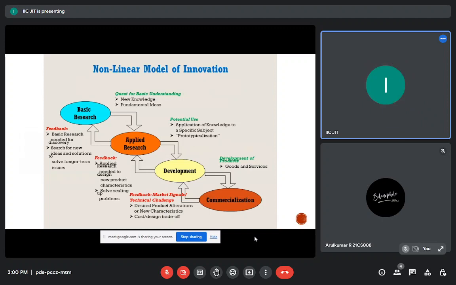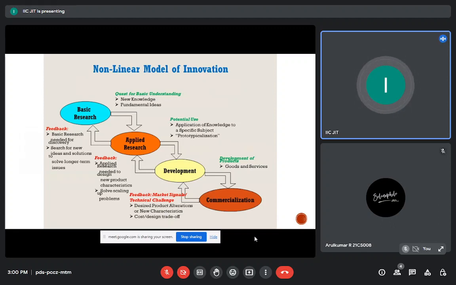It is a process full of ups and downs. It is a process with crest and trough. It is a process with a lot of feedback. Feedback is there everywhere. First stage to second stage, feedback. Second stage to third stage, feedback. Third stage to fourth stage, feedback. Again, you commercialize also. After that also there is feedback.